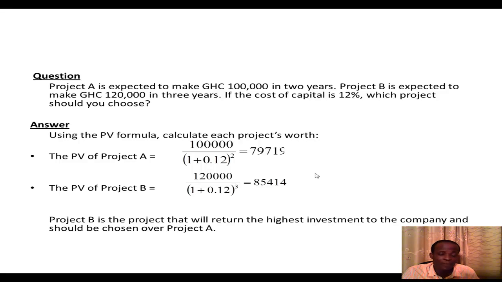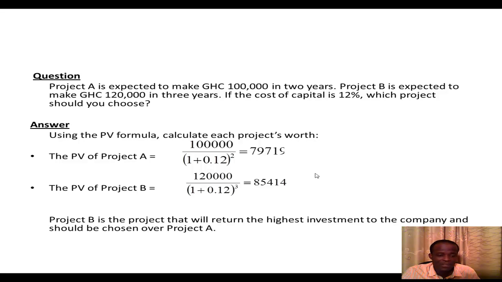So using the present value approach, you realize that PV of project A will be given as 100,000 divided by (1 plus 0.12) all to the power 2, where 0.12 is 12 over 100 and 2 is the number of years, and that gives us 79,719 Ghana cedis.